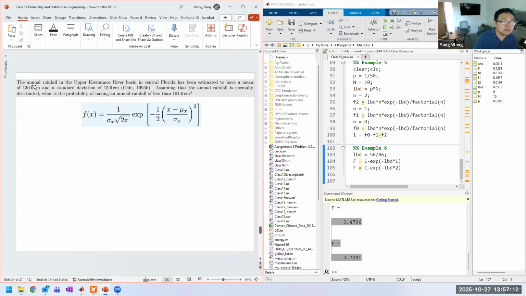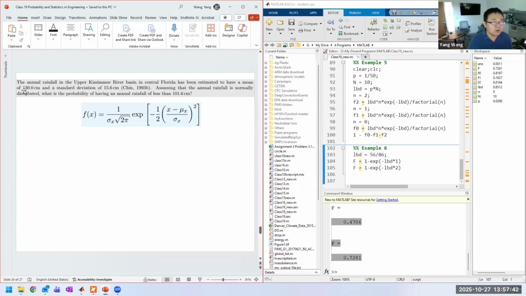So this is another example. The annual rainfall in a river basin in Central Florida has been estimated to have a mean value of 130 centimeters and a standard deviation of 15.6 centimeters. You can see this is more than 4 times, so we can use the Gaussian distribution. Assuming the annual rainfall is normally distributed, what is the probability of having annual rainfall less than 101.6 centimeters?